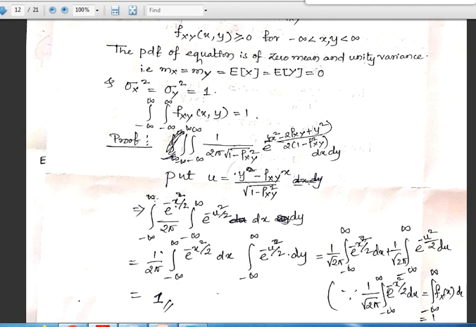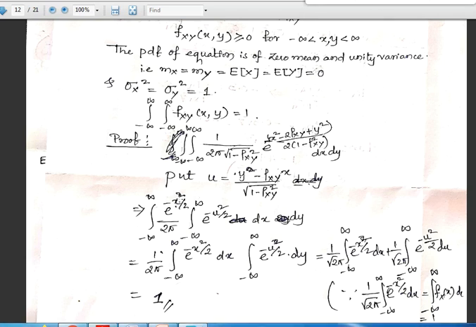Let's say with respect to x we take up one integration, and e to the power minus x² divided by 2, and 2π also, and e to the power u².